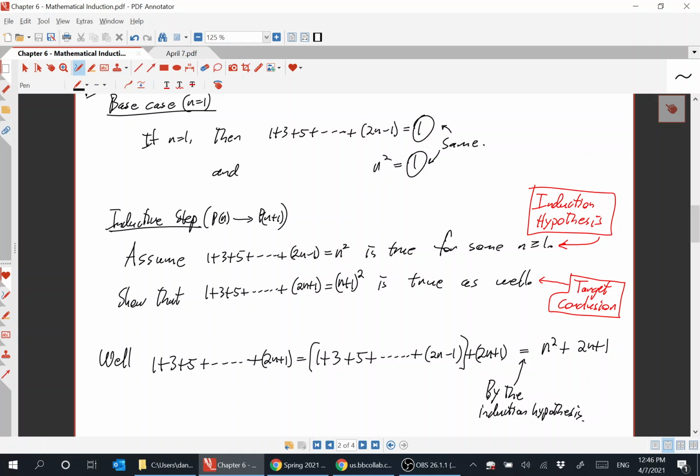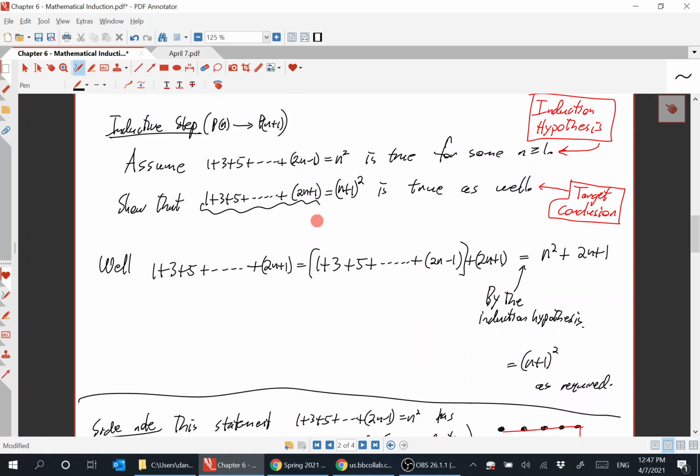All right, so how do you show that this equality is true? You start on the left-hand side of the equation and work your way over to the right. 1 plus 3 plus 5 all the way up to 2n plus 1. So that's the first n plus 1 odd numbers. Which odd number comes right before 2n plus 1? Well, it's 2n minus 1.